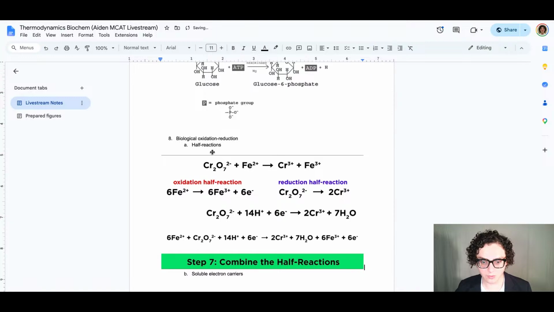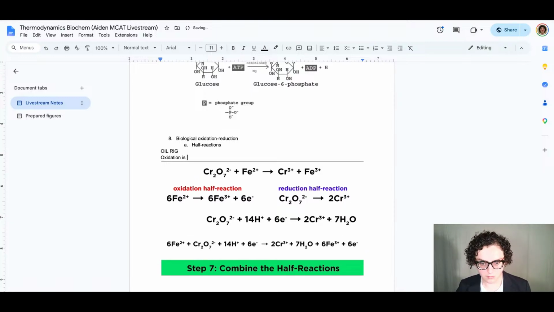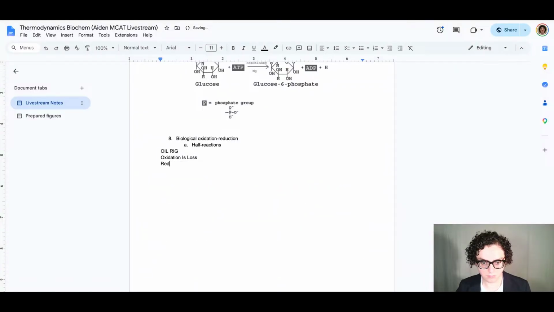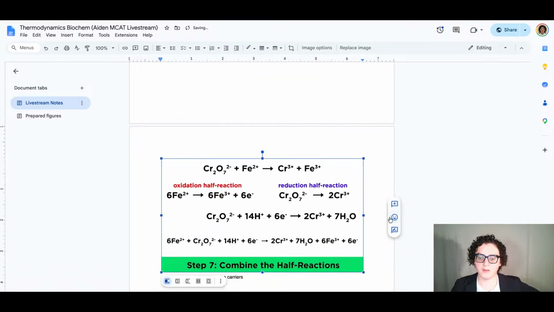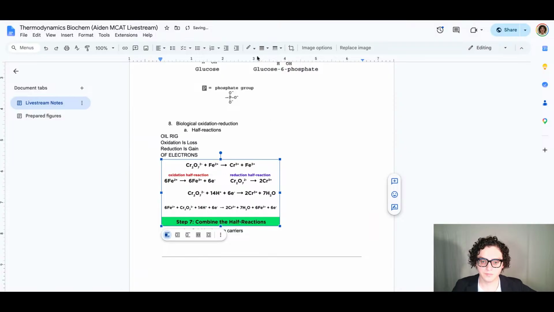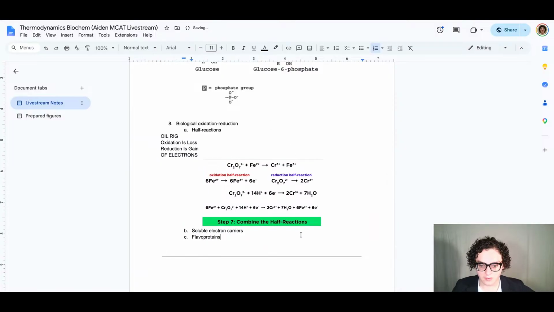So first I'm going to write OIL RIG. And then we have an example of an oxidation reaction. Let's see the overall reaction here.